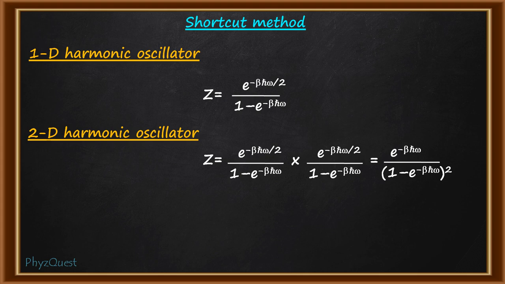Now what we can do here is, in the denominator, we will take common e to the power minus beta h cross omega. So this expression will be e to the power minus beta h cross omega divided by, in the denominator after taking common, the bracket start e to the power minus beta h cross omega into (e to the power beta h cross omega minus 1) whole square.